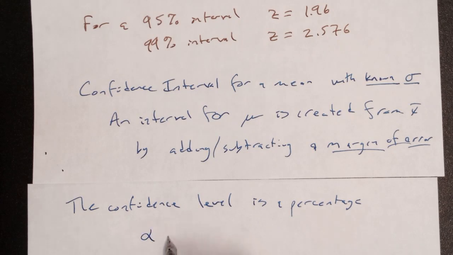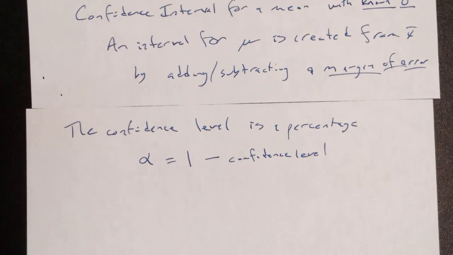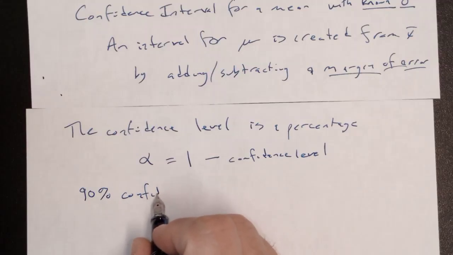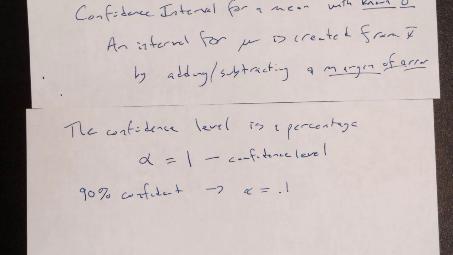Alpha is 1 minus the confidence level. So alpha is a small number. If I said I want to be 90% confident, then I'm saying that alpha is 0.1.